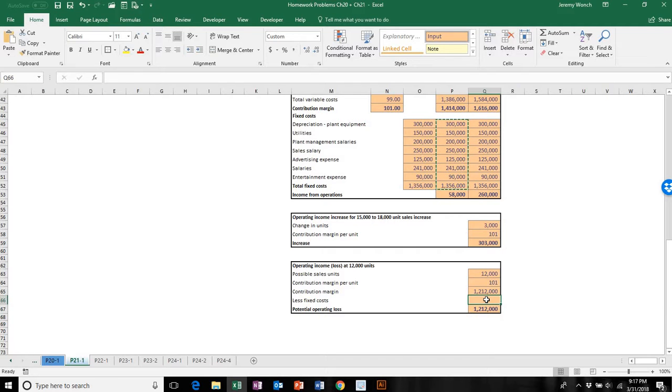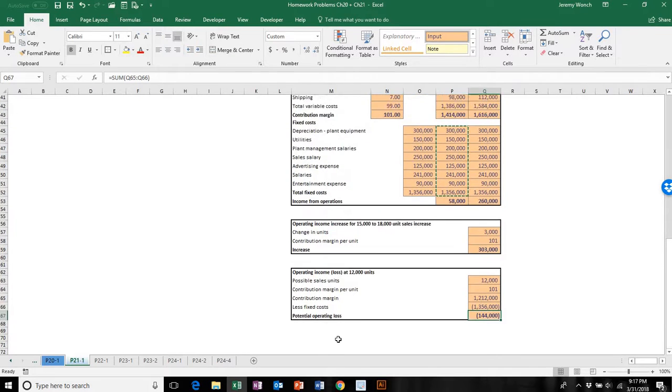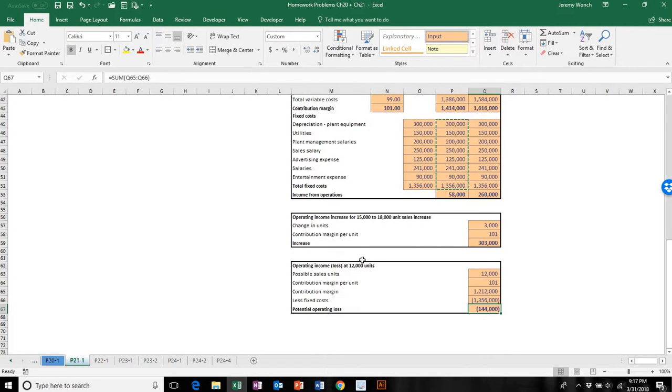And then if we subtract out our fixed cost, which we calculated here at 1.3, that means if we sell 12,000 units, we'll actually have a loss of 144,000. So now at this point we know our break even is more than 12,000, so we have to sell more than 12,000 units.